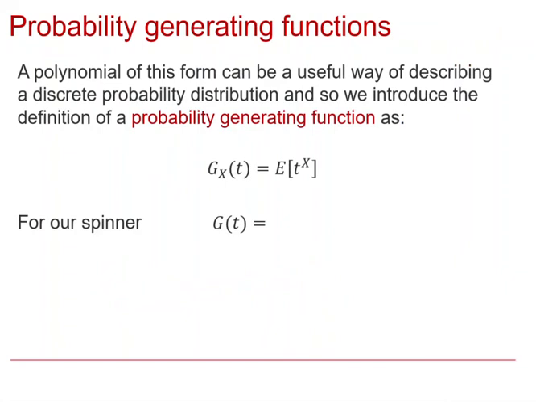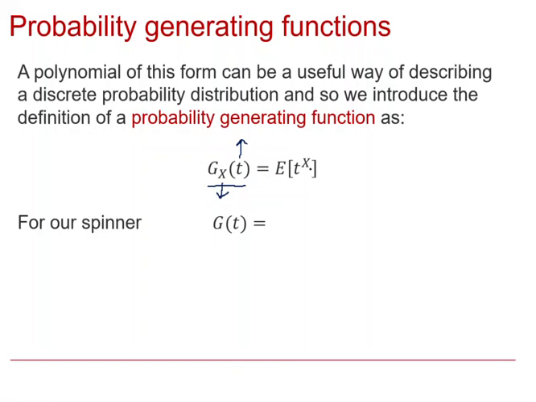And this particular type of polynomial in terms of a dummy variable t, the expected value of t to the x, is called a probability generating function and is written G_X of t. So it's referring to the distribution x, and it is in terms of a dummy variable t.